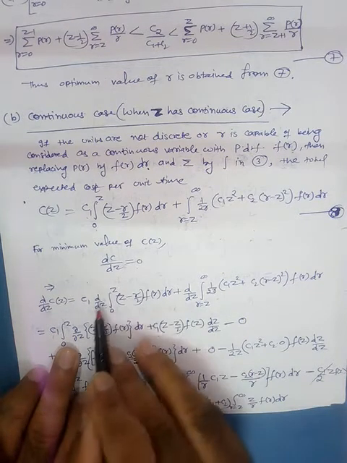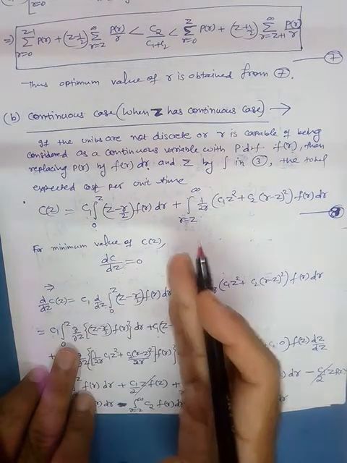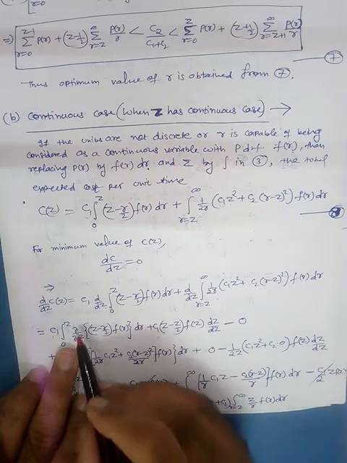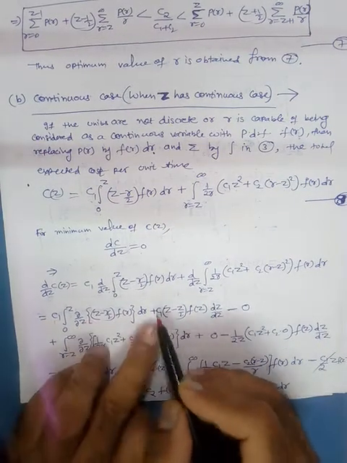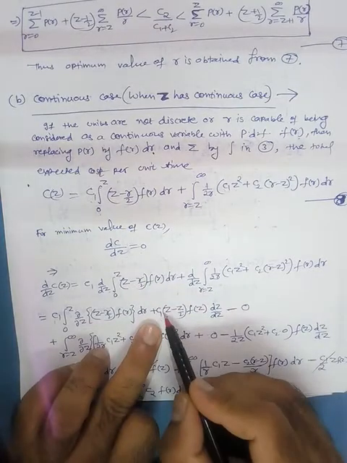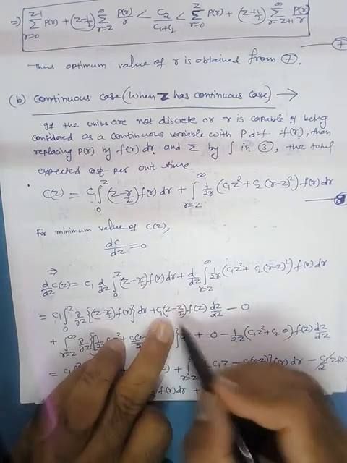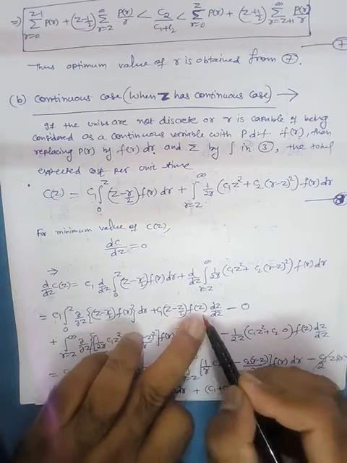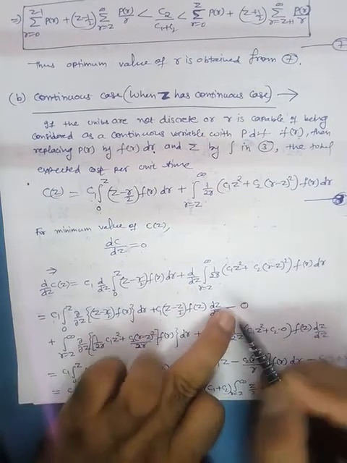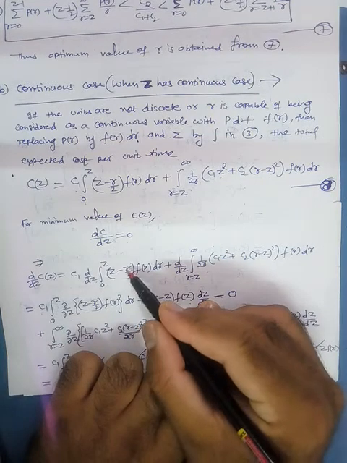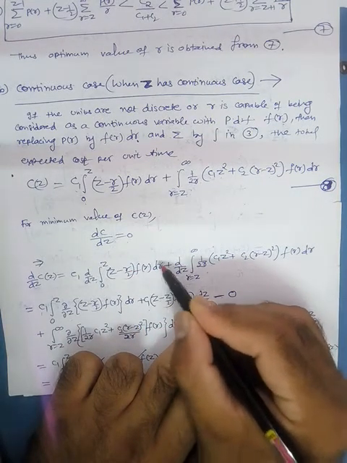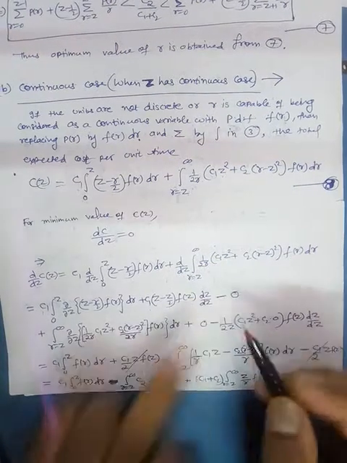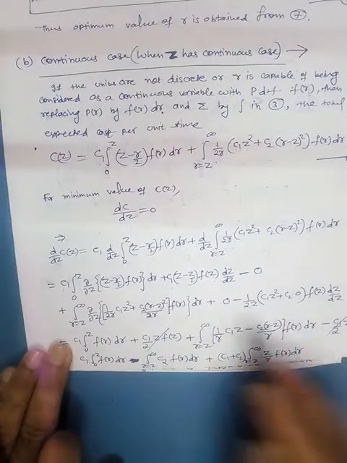When this derivative goes inside the integral, it will be the partial derivative, partial del by del z, (z minus r) by 2 fr dr, plus now substitute the upper limit, C1 (z minus r is z), z by 2 f of z, and then dz by dz, minus substitute the lower limit which is 0. So (z minus 0) by 2 f of 0, d0 by dz, d0 by dz will be 0, that's why 0. Similarly for the next part, so we get this.